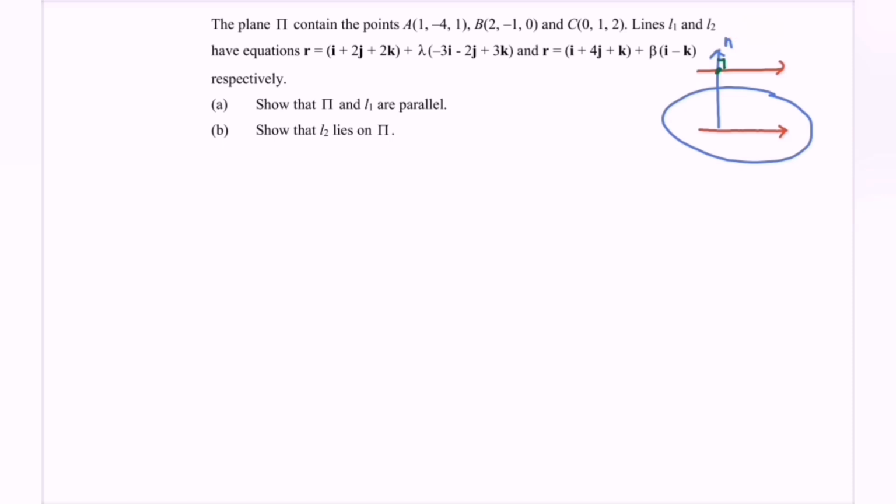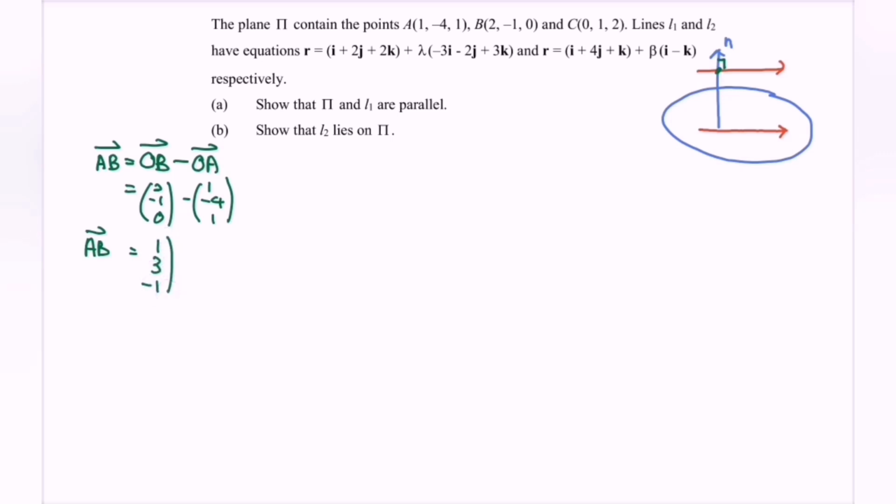Let's begin. We have the vector AB, which is equal to OB minus OA. So OB, where we have 2, negative 1, and 0. For the OA, where we have 1, negative 4, 1. Simplify the situation. The vector AB will be equal to 1, 3, negative 1.